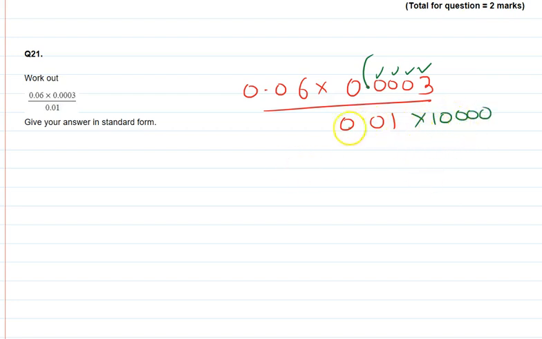Whenever you get rid of the point, then always add zeros in the opposite direction. Like from the numerator, if you count 1 2 3 4, the point is after 4 digits, remove the point and put 4 zeros here with 1.